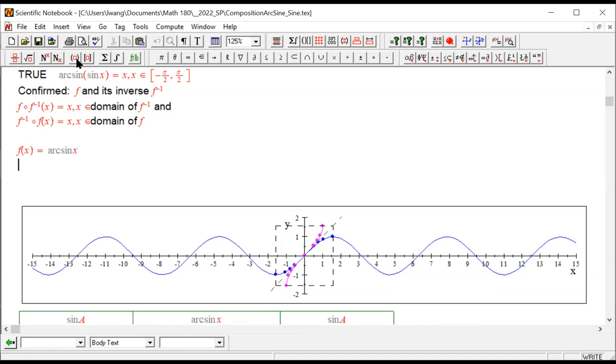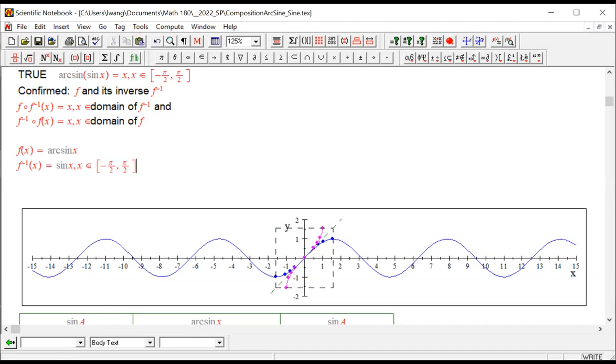Its inverse is sine x, and x is from that interval, which is that small piece, the blue piece in the box.